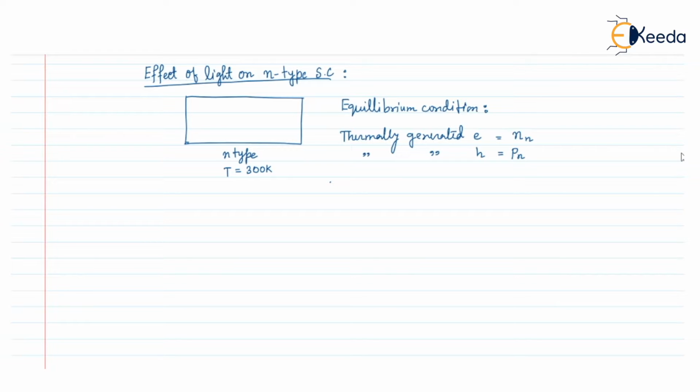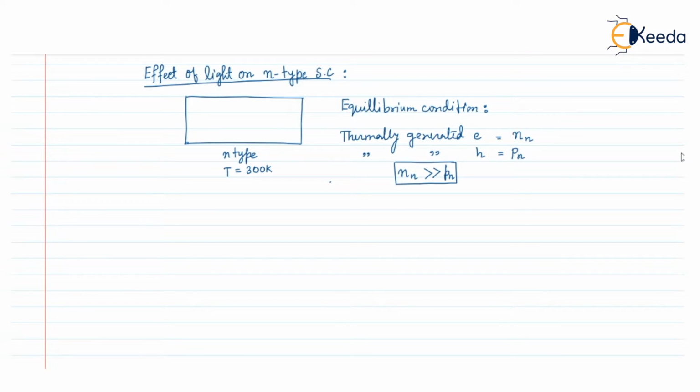Since it is an N-type semiconductor, the electron concentration Nn should be very much greater than the hole concentration Pn. That's why it is an N-type semiconductor.